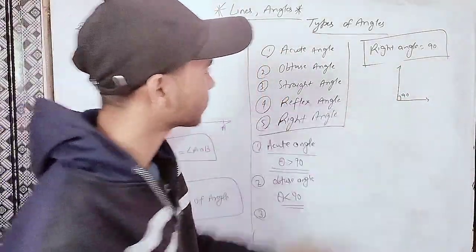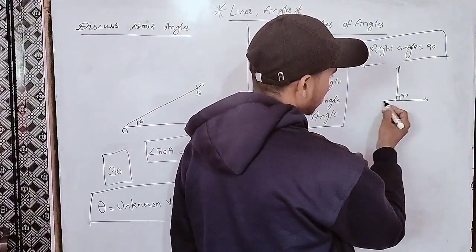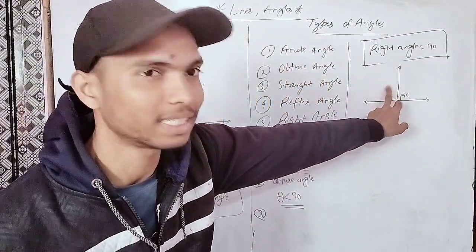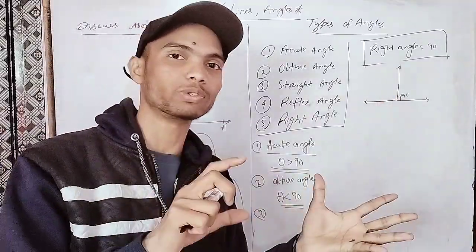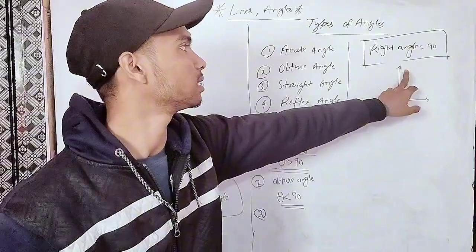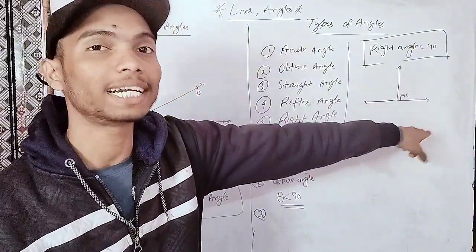But this side would be your obtuse, because this straight line is 90 degrees.